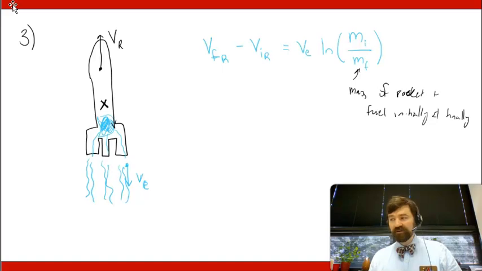Okay, the other thing that we can get out of this is what's called instantaneous thrust.